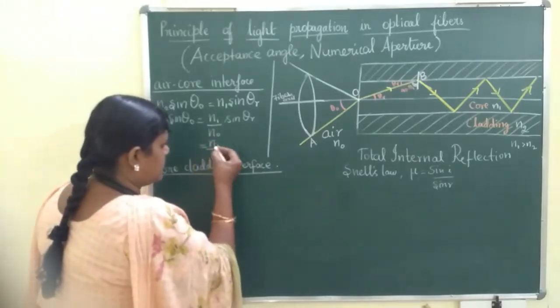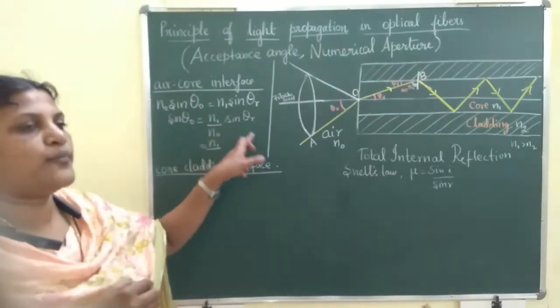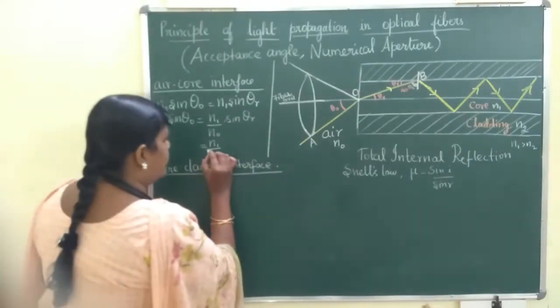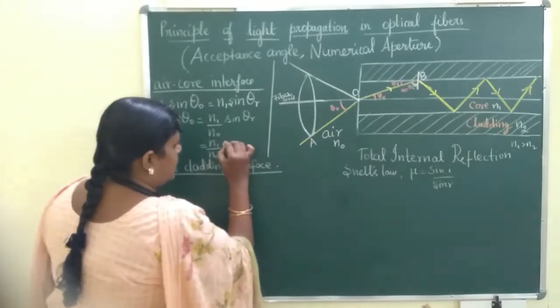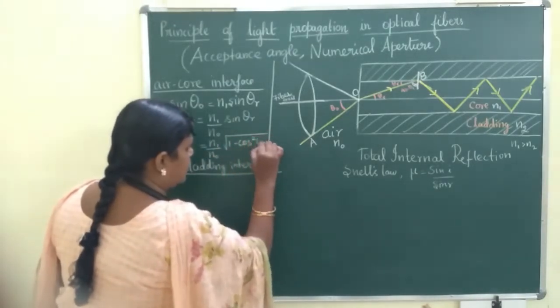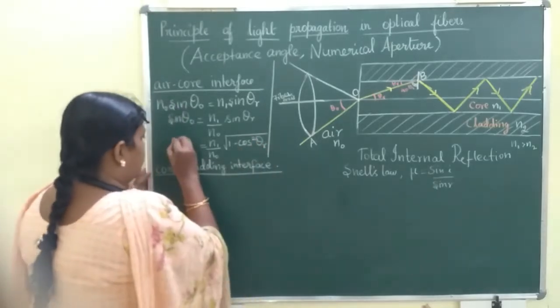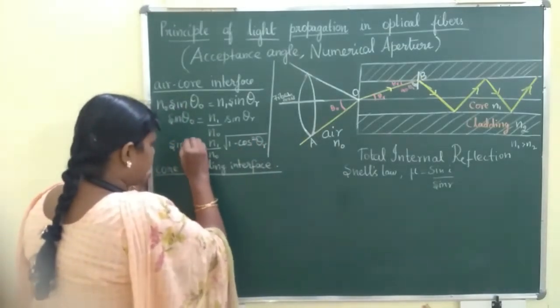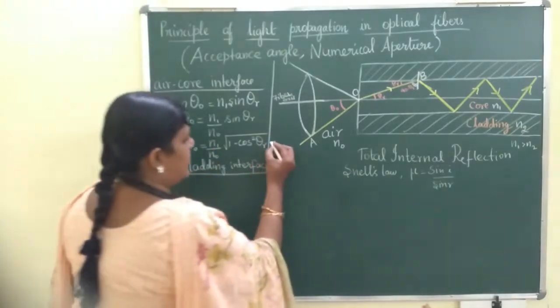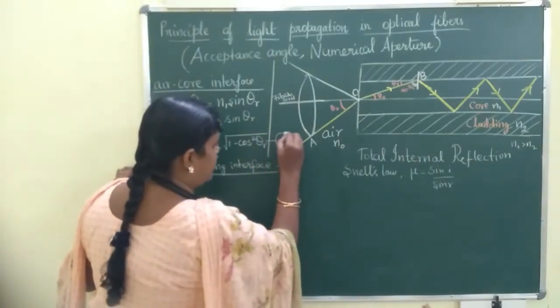How can we write sin theta? Root of 1 minus cos square theta. So I write the same formula as n0 root of 1 minus cos square theta r. We shall take this as equation number 1.